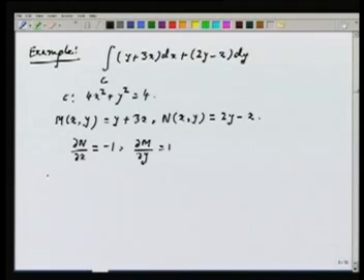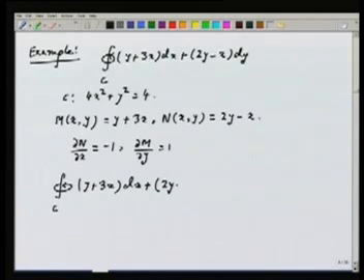So the given integral, if I call it I, let me take this direction, the integral over C of (y plus 3x) dx plus (2y minus x) dy, is equal to, by Green's theorem, the double integral over the region, which is an ellipse, I call it R, of ∂N/∂x minus ∂M/∂y, which in this case is minus 2 dx dy.